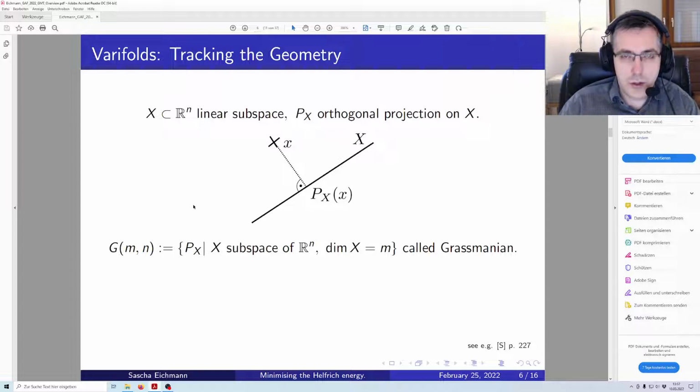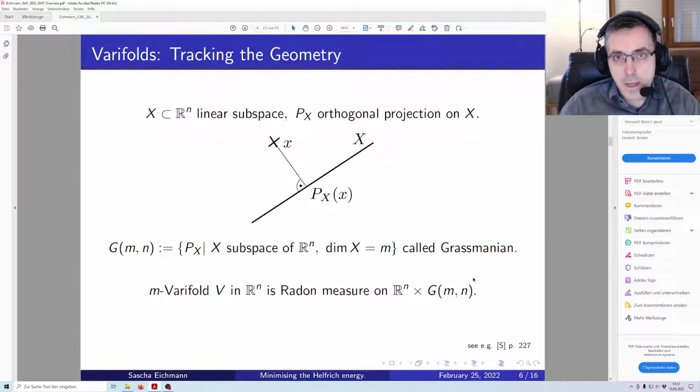Why do we use these orthogonal projections? Because of course we want to have some kind of topology on the Grassmannian. And the topology for these pi X is straightforward. One possible way to define a metric on this is to write down the corresponding matrix for these orthogonal projections and define the distance between two orthogonal projections as just the distance between these two matrices.